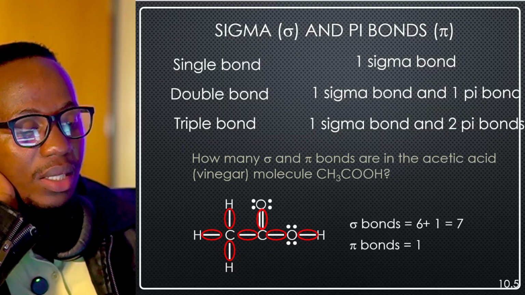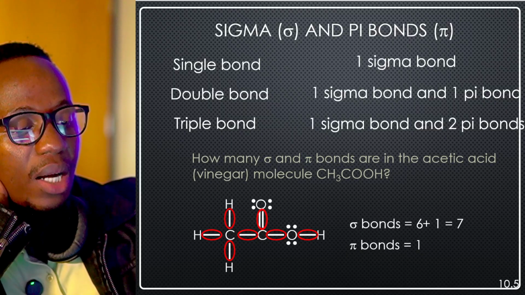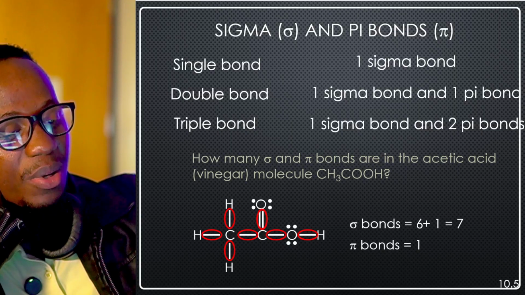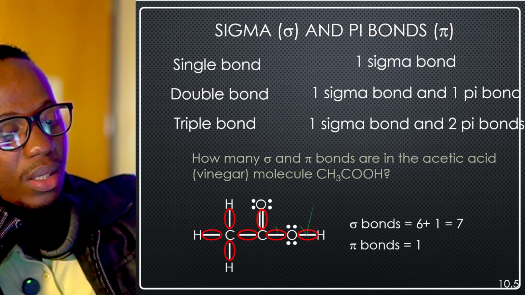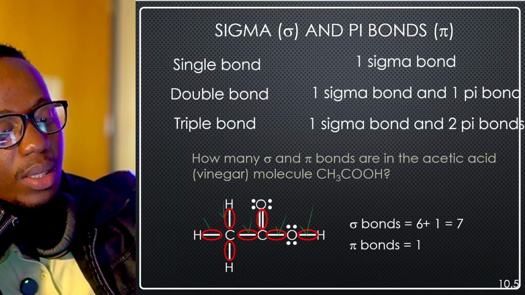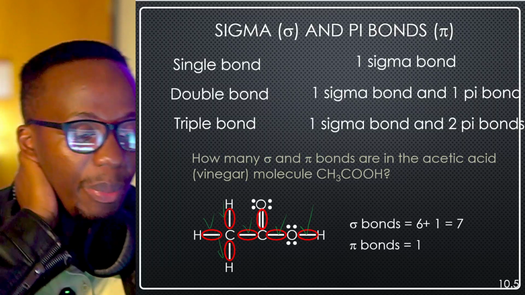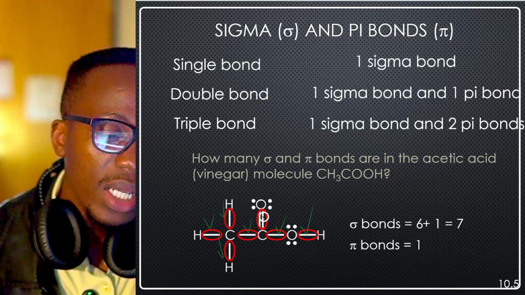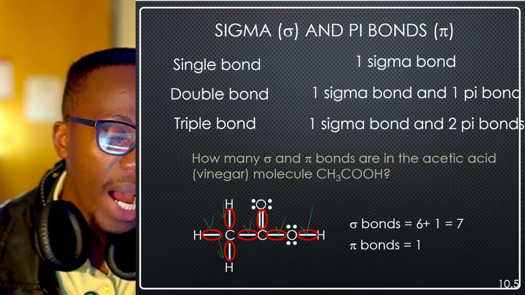And in order to do that, you're just going to count the single bonds, and I want you to pay attention to this, right? The single bonds. So I'm going to count this one, this one, this one, this one, this one, this one. These are all single sigma bonds. But in the double bonds, remember that there is one sigma bond and another one pi bond, right?